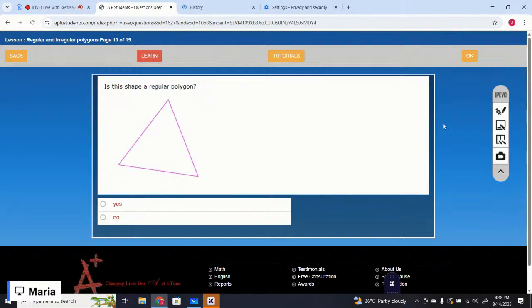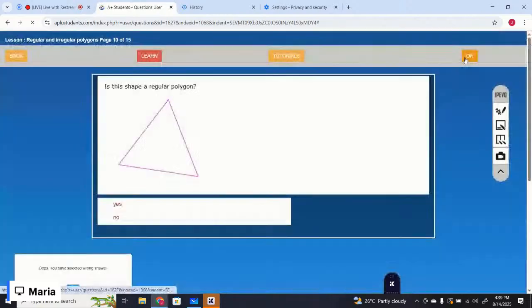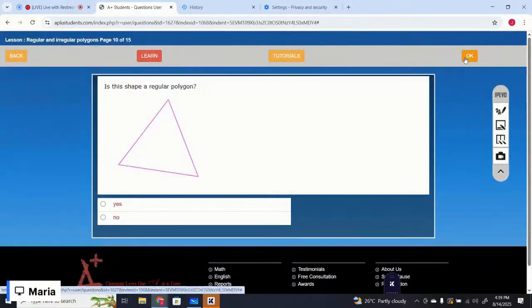Is this shape a regular polygon? Yes, it is a regular polygon. Option number one is the correct option. Is this shape a regular polygon? Okay, you can complete the lesson by yourself later today.